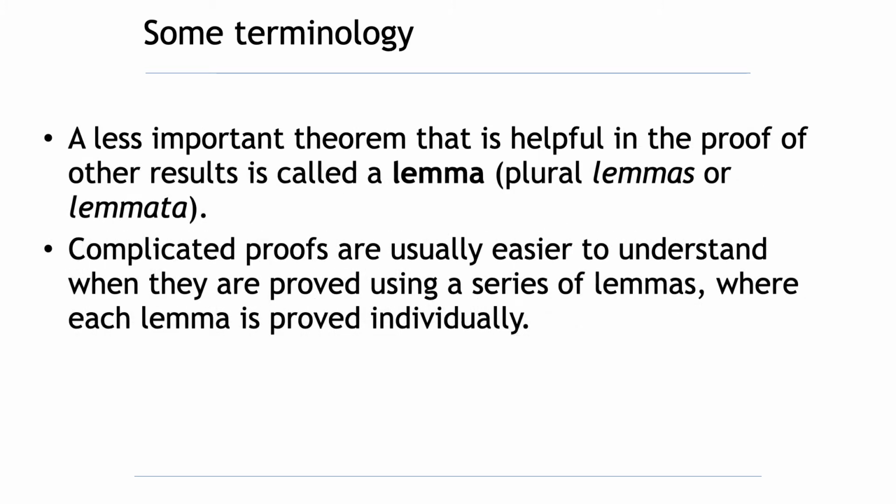A less important theorem that is helpful in the proof of other results is called a lemma. Usually complicated proofs get easier to understand when they are proved using a series of lemmas, where each lemma is proved individually. This is similar to a technique used in algorithm design called divide and conquer.